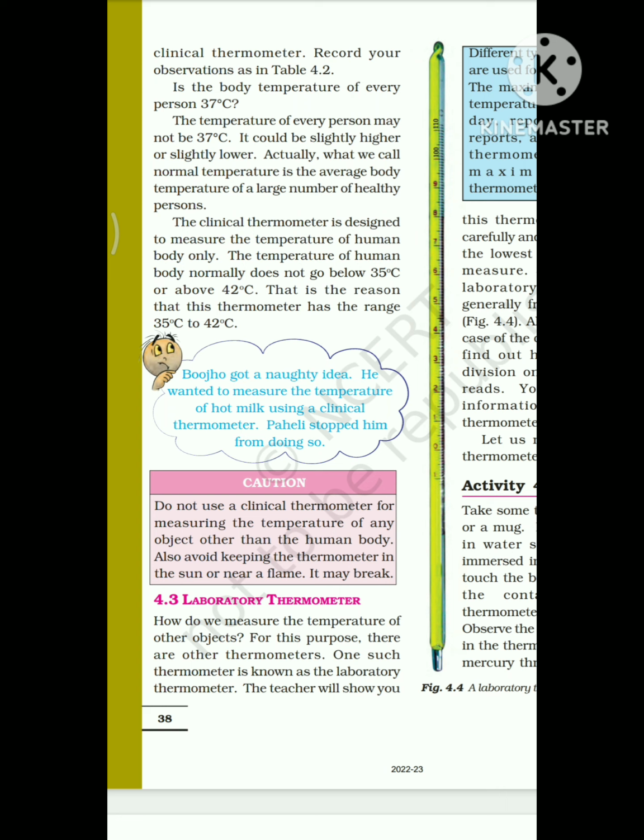What will happen if you measure the temperature of any other object with a clinical thermometer? It would be very bad, because the temperature of the human body is 35 degrees Celsius to 42 degrees Celsius.